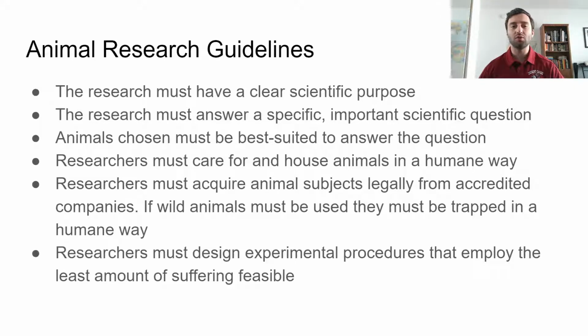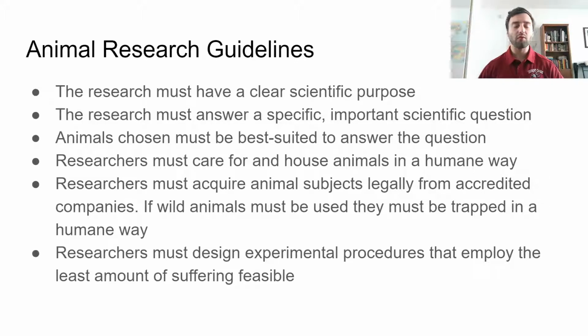The animals that you choose must be best suited to answer that question, right? So whatever animals you're going to use, if you are using animals, you need to prove that that's the best example. Generally speaking, most research we do is done on things like mice. That has a lot to do with mice being really easy to care for, they grow really fast, and they can reproduce really quickly, so there are benefits to that.